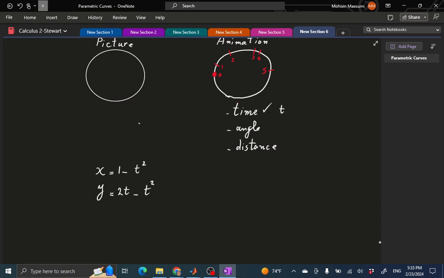And we want to track this object for t ranging from, say, -1 to 2. So what we have here is an example of a parameterization, and we could use t for anything. Here, easiest way to talk about it is in terms of time.